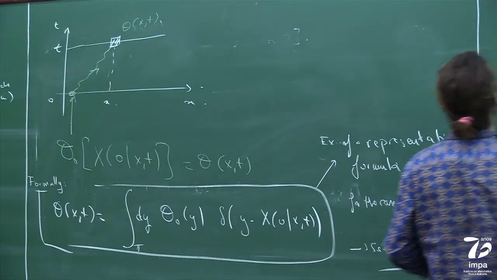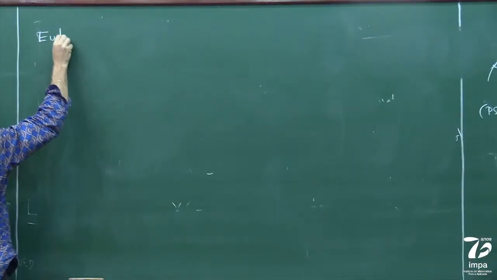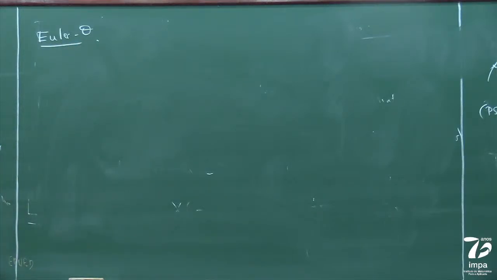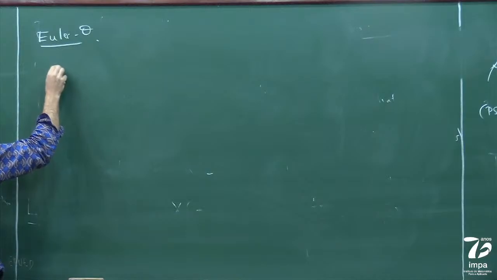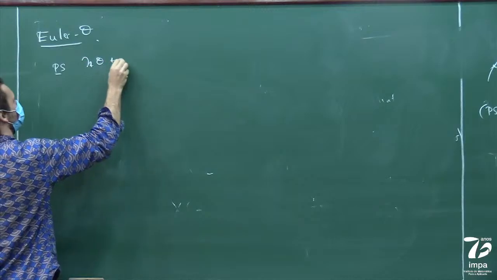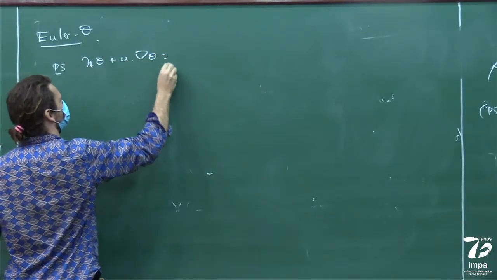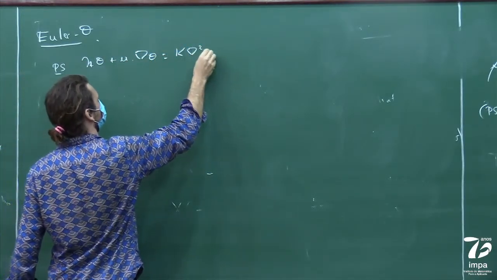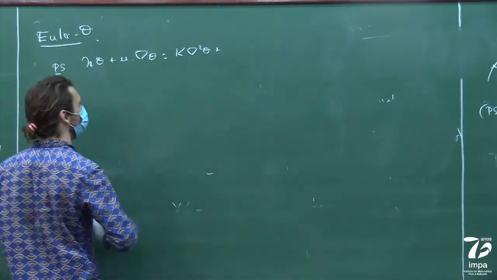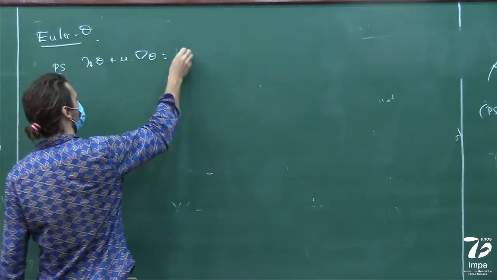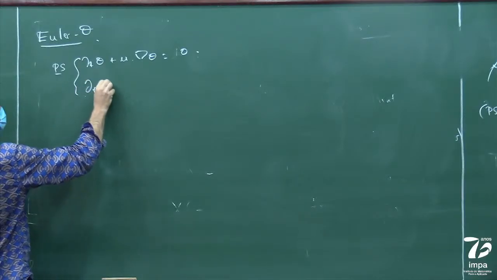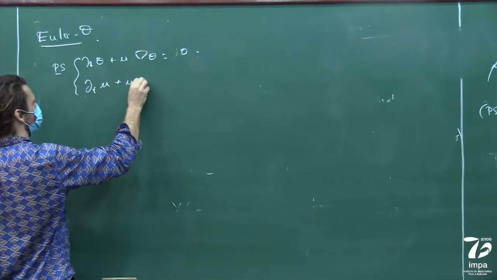So Euler theta is simply a passive scalar, ∂tθ + u·∇θ = 0, which has no right-hand side, and for which the underlying velocity field solves the Euler equation.